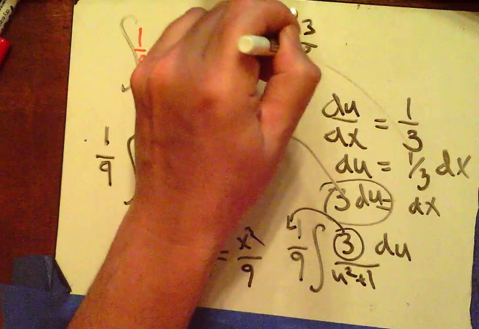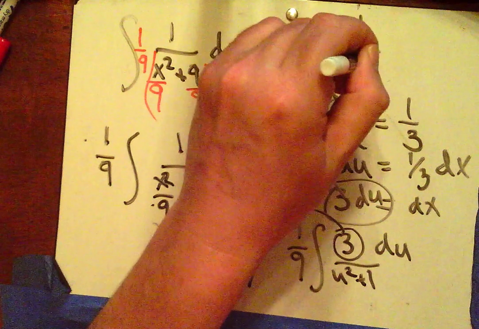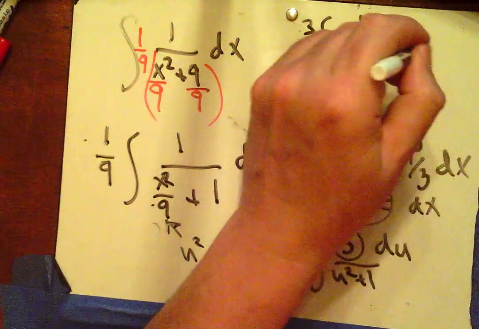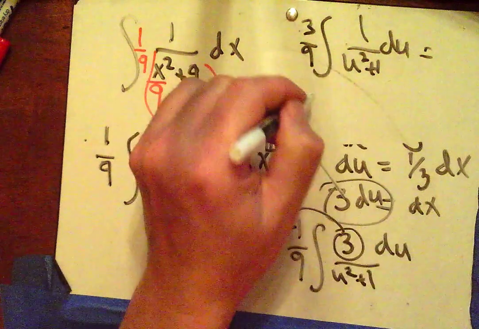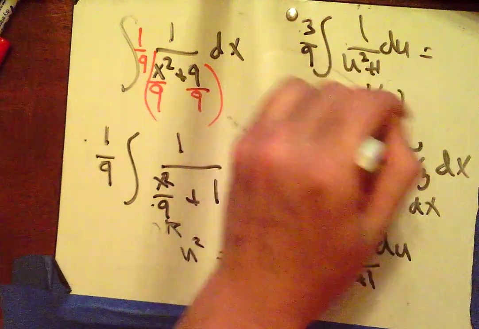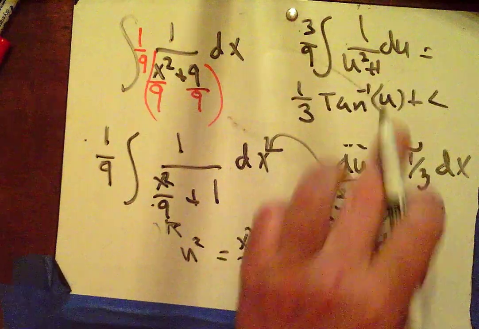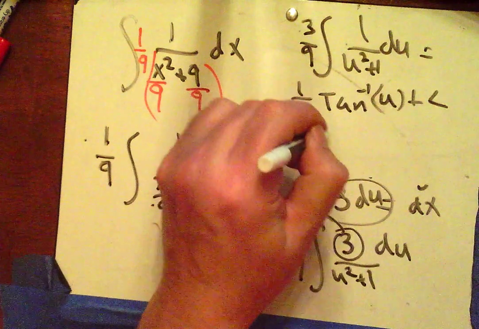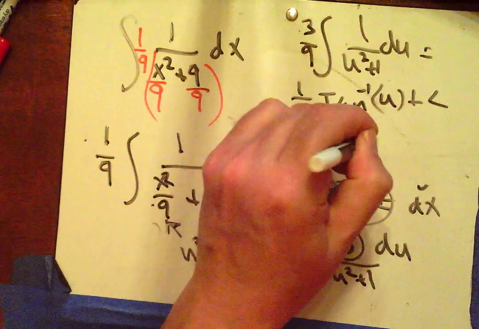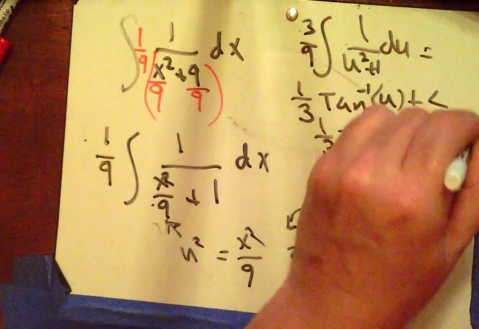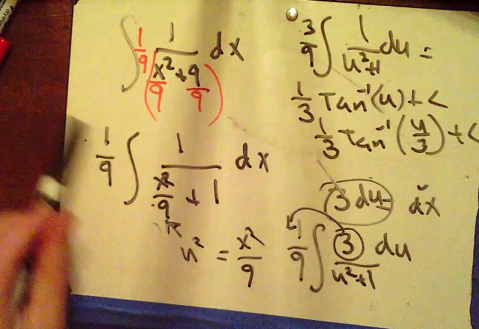We'll have 3 over 9 integral 1 over u squared plus 1 du. So that's going to be 1/3 tangent inverse u plus c. Now remember, we need to replace that u with what that u was equal to, and in this problem, that was x over 3. Don't forget the plus c.